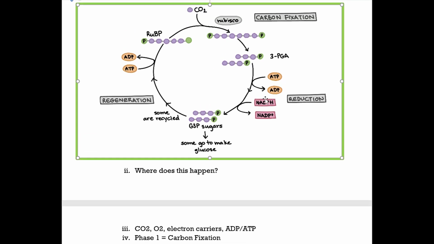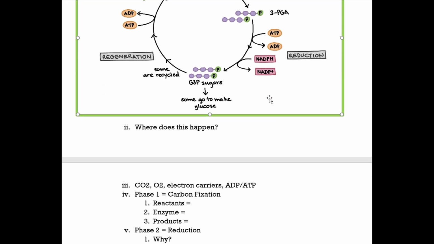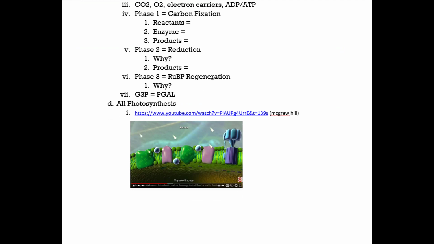Those would all be considered products of the Calvin cycle because they are generated in the Calvin cycle. But the product, well, I guess the product of reduction is also ADP, NADP+, and the G3P sugars because they're all generated during that part of the Calvin cycle.